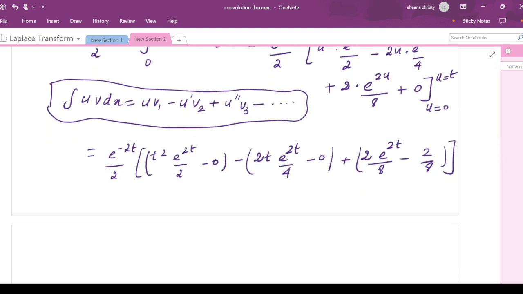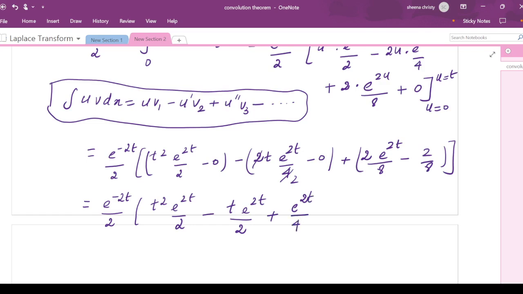So here, doing the simplification, you will get e power minus 2t by 2 into t square into e power 2t by 2 minus 2 gets cancelled, t into e power 2t by 2, plus here 2 times e power 2t by 8, that will give you e power 2t by 4, minus 1 by 4.